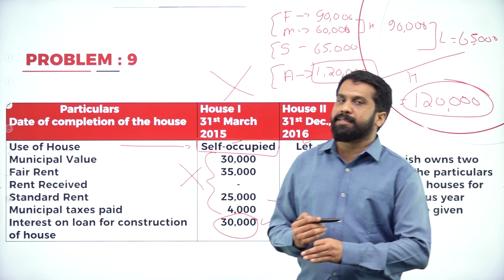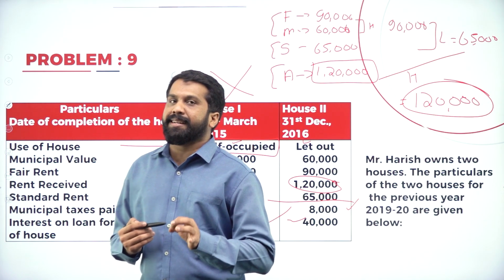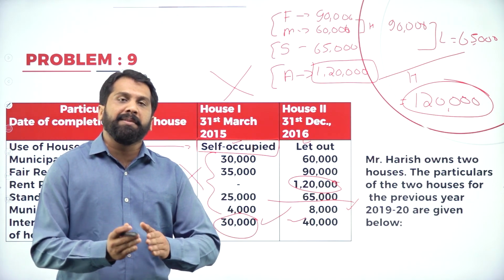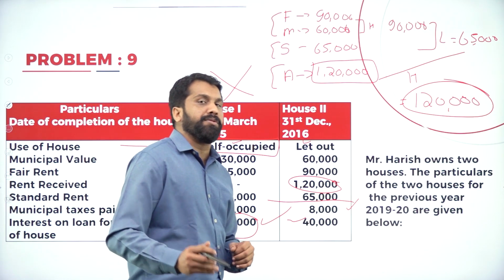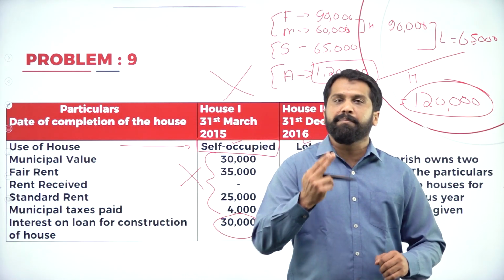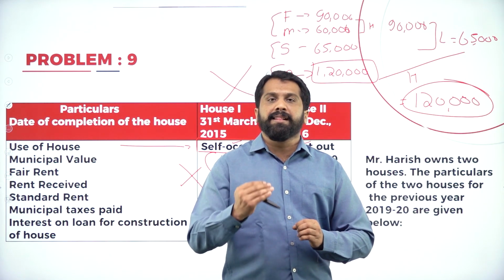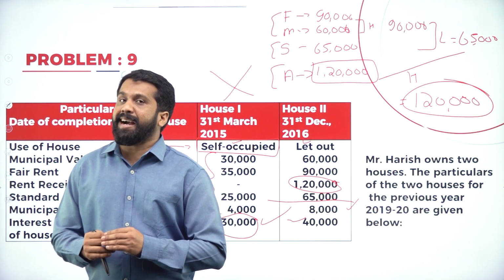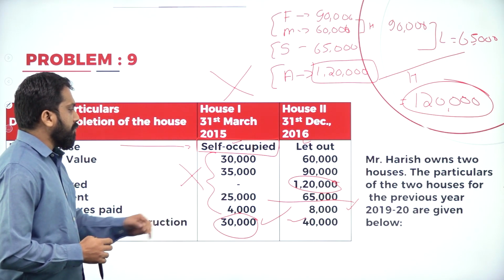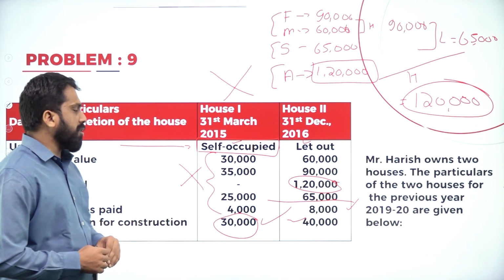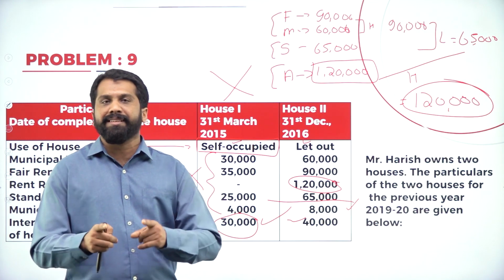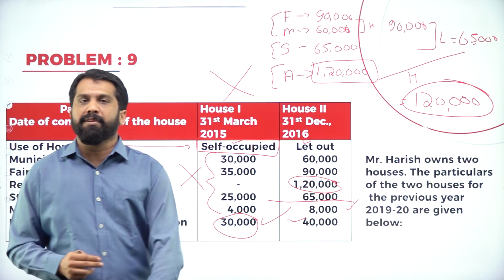After you deduct municipal tax, you will get the net annual value. From the net annual value, you are supposed to deduct two things. One will be 30% standard deduction. Later, your actual thing, like your 40,000, that is interest on loan for construction. Clear? Yes.